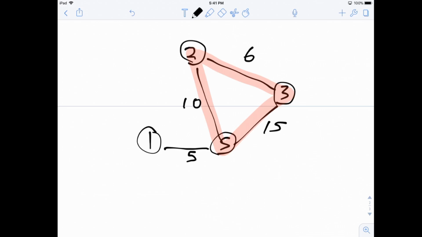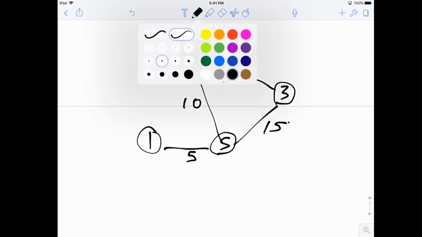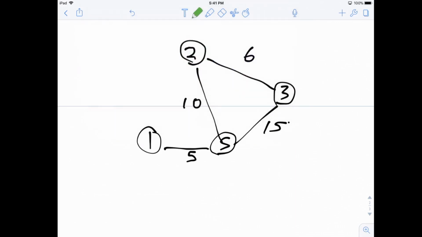Okay, let's consider, in an ordinary graph, what is the smallest possible length of a cycle? Well, in a normal graph, we can solve this in O of n squared. The way we do this is we pick a node to start out with. So let's say we start at the node 2.